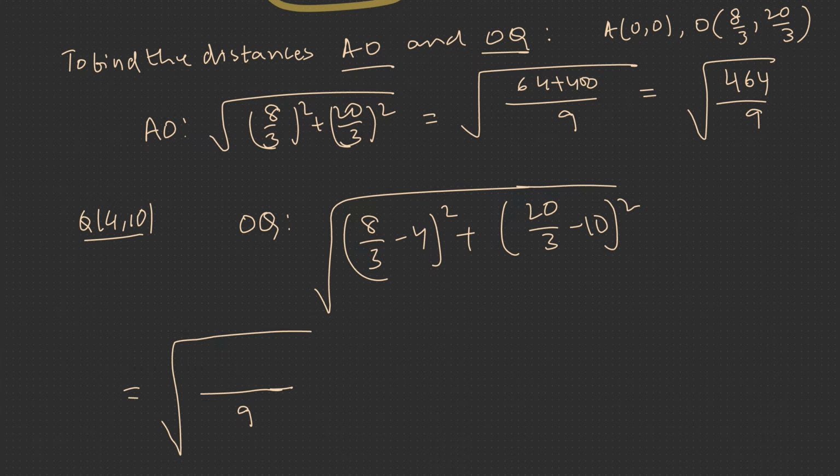So that is 8 minus 12 over 3, 20 minus 30 over 3. So 8 minus 12 is minus 4, and minus 10.